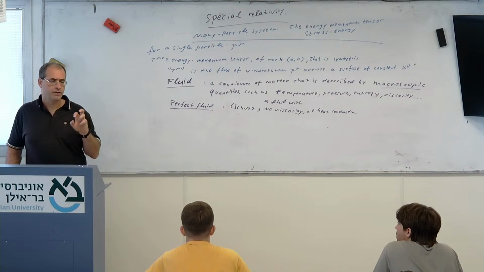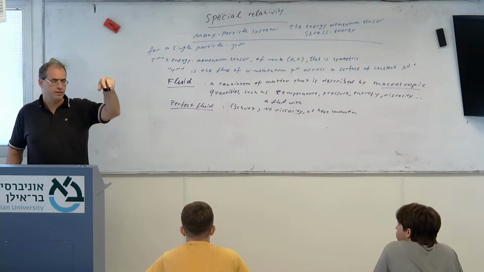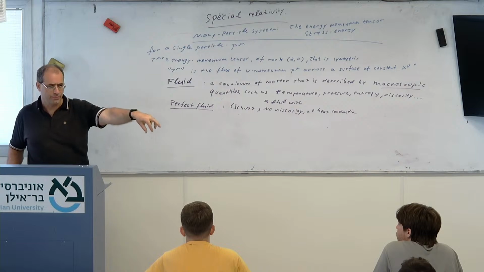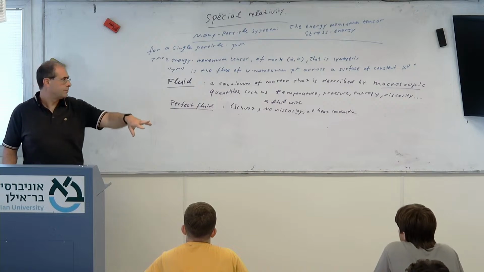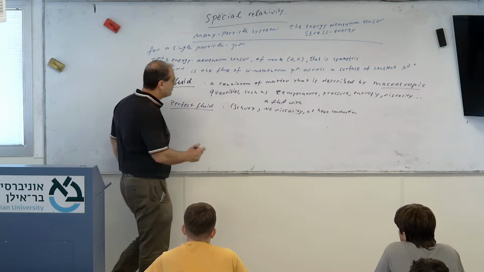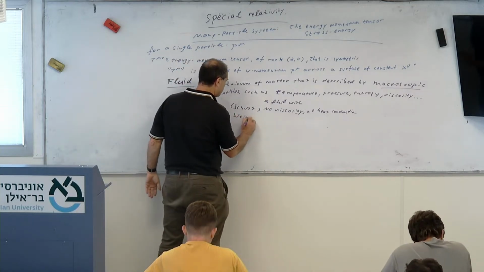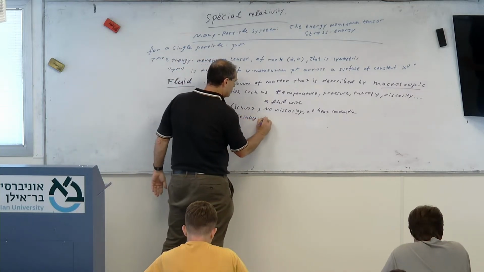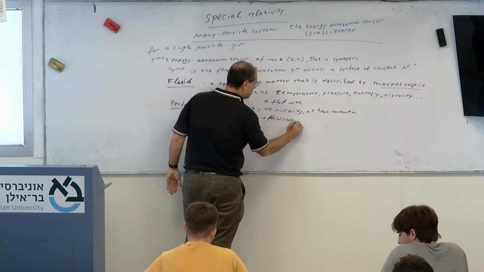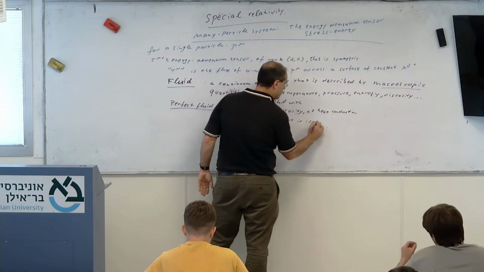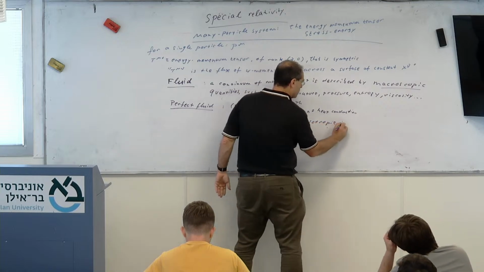A perfect fluid is a fluid that, if you sit in the rest frame of the fluid and you look around, it's isotropic. Okay. So that's Weinberg: a fluid that is isotropic in its rest frame.